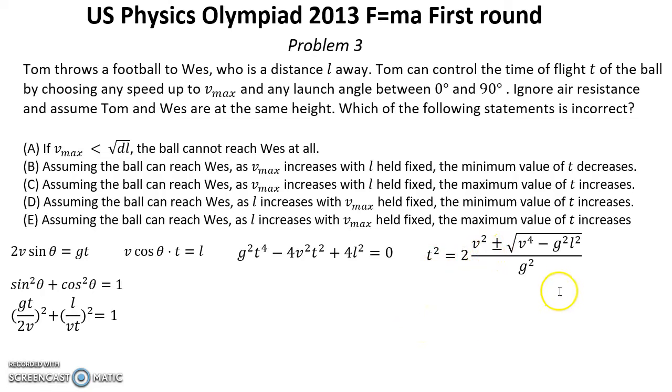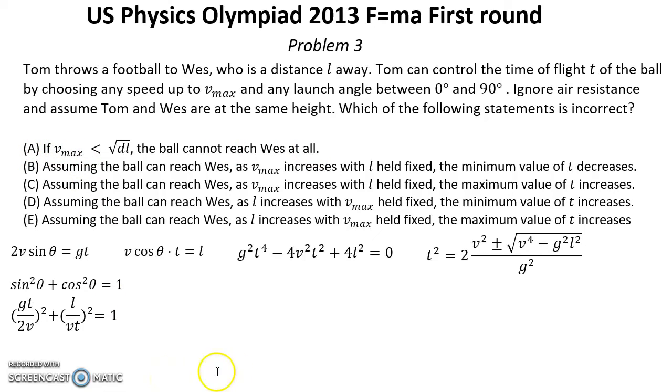And if we look at this square root, we can say that V maximum cannot be less than the square root of g L. In that case, the ball cannot reach Wes at all. So it means that this sentence is good.